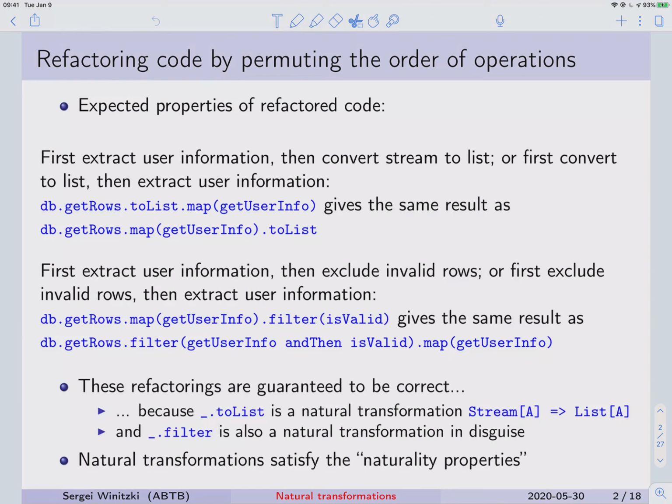So natural transformations generally are, from the programmer's point of view, functions with a type parameter and the type signature of this sort, where you have a type constructor with a type parameter going to another type constructor with the same type parameter.